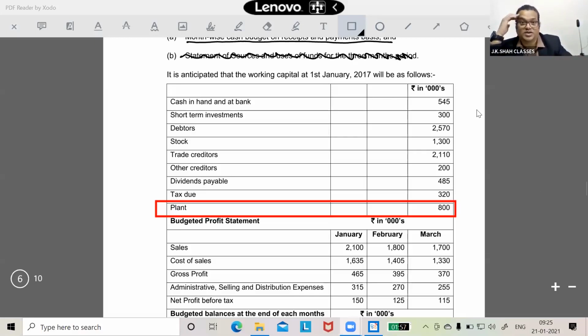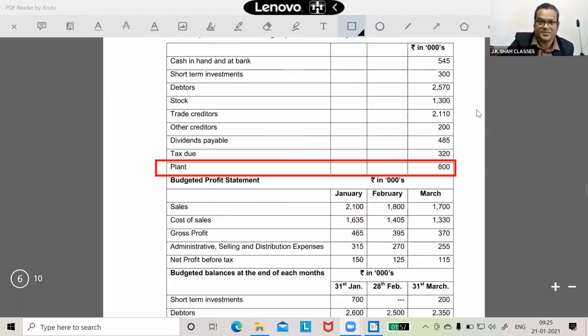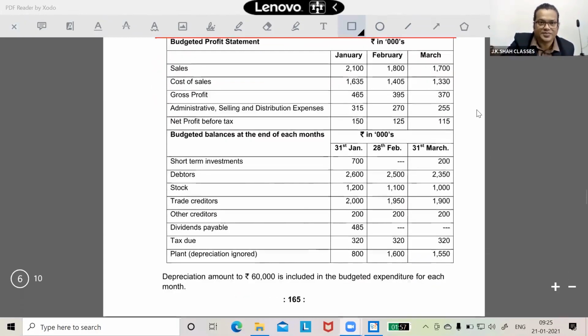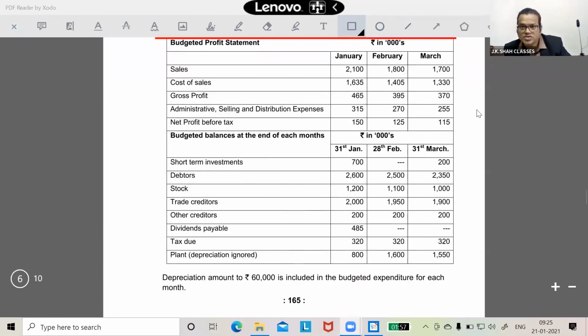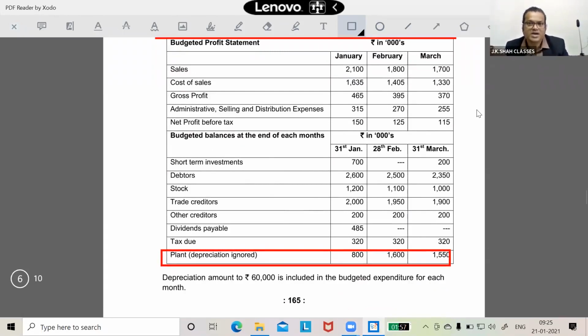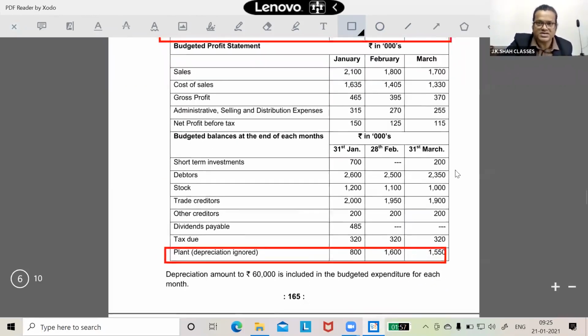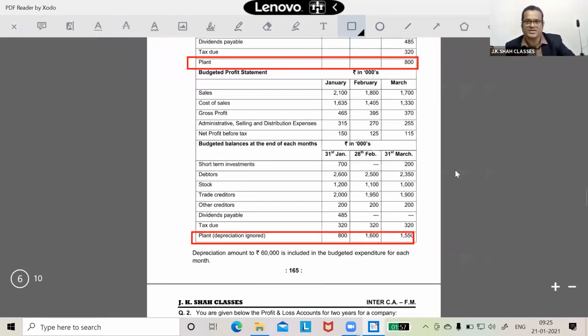In this box, the earlier question, the plant was not there, right? And over here also, the plant was not there. But now, if you compare these numbers, the question is the same actually speaking.